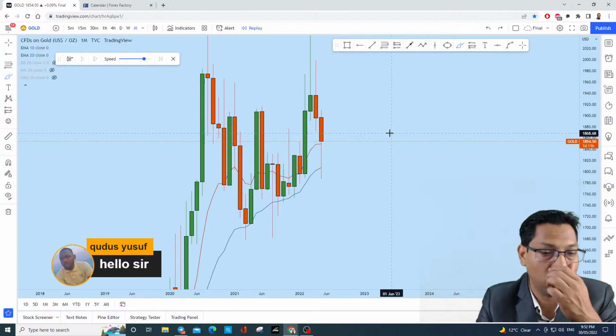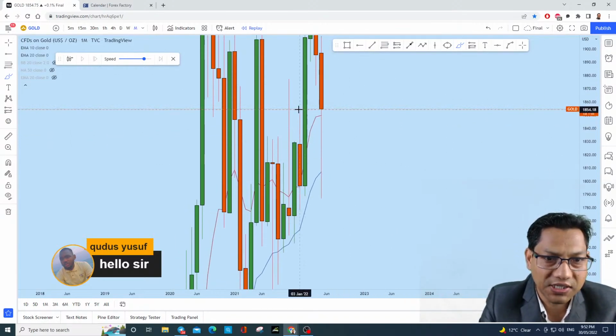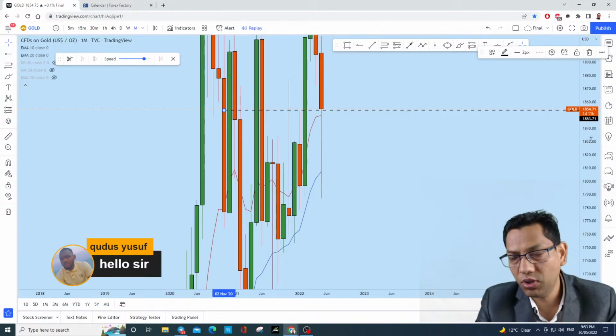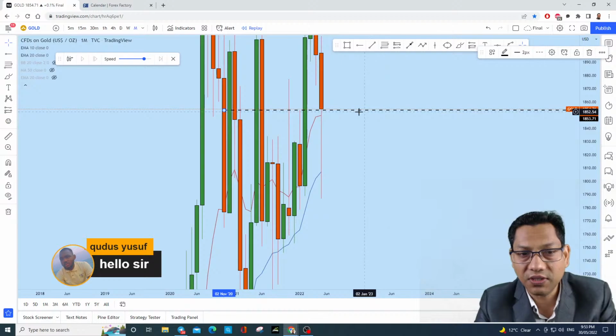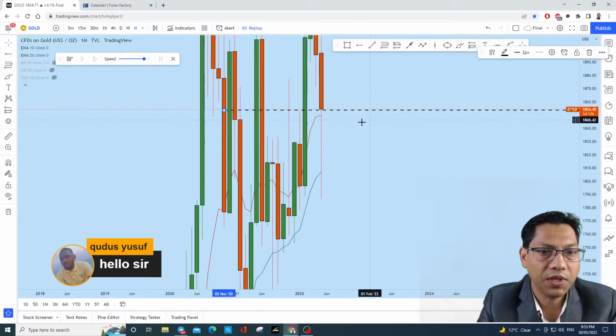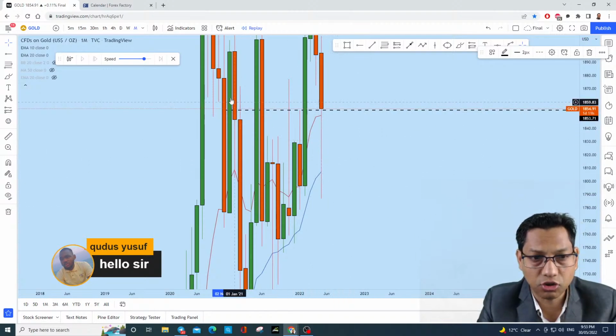It's very crucial where the monthly candle is closing. If the price is closing above this level, let me draw this, if the monthly close is above 1853, we might see a primary rise from here. If it closes below, then we might see a drop down.